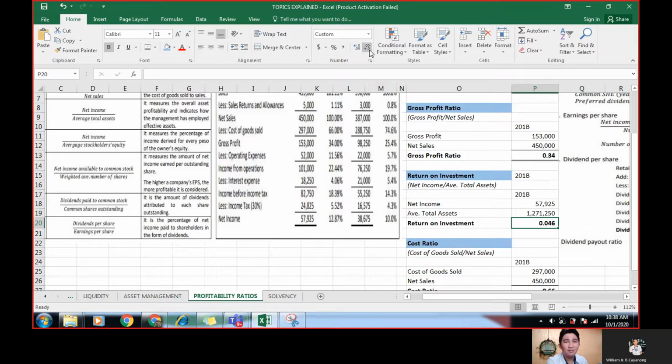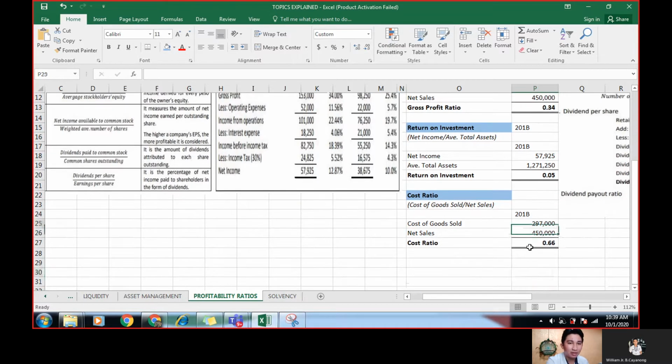So, somewhat 0.46 or 5%. So out from using utilization of your assets, ang bumalik lang sa kanya na net income is 57,000 or 5% of the total assets. So medyo maliit talaga yung income generating capacity ng company na to. Next. Okay, tapos na tayo dyan.